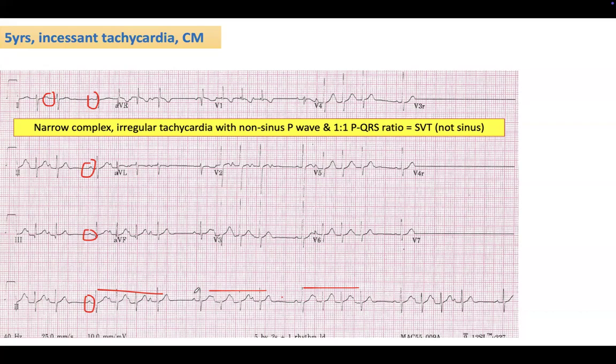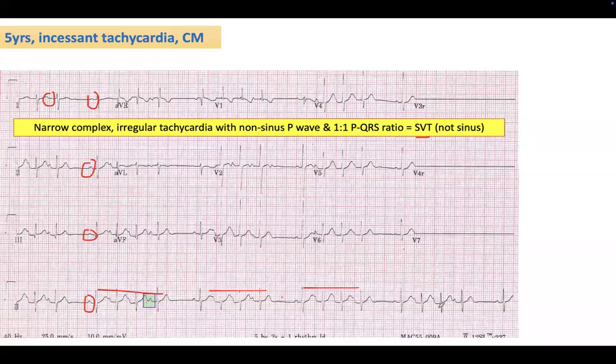This is a patient who has a normal sinus rhythm, but is perpetuated by a frequent focal atrial tachycardia. So that's a narrow complex, regular tachycardia, non-sinus P wave, 1-to-1 P to QRS ratio. So again, it's an SVT. It's an SVT that's non-persistent, but frequent. And if you look at the RR intervals or the PP intervals, they're a little bit irregular.